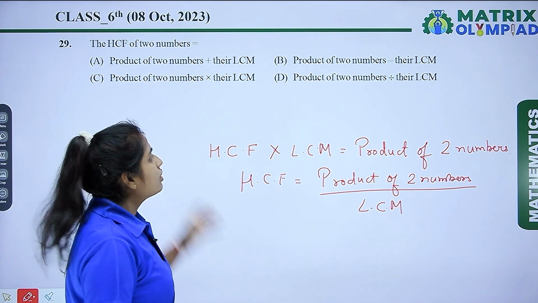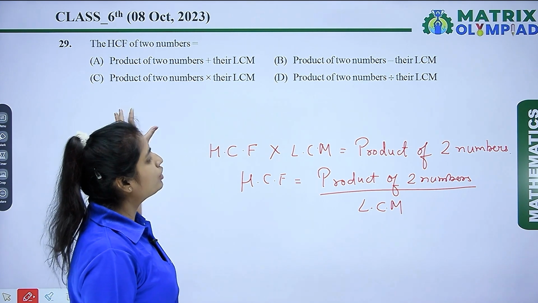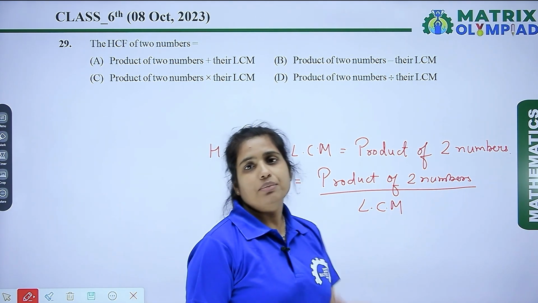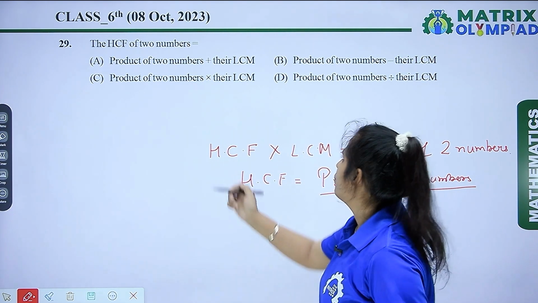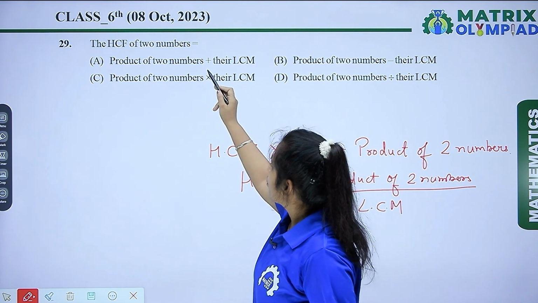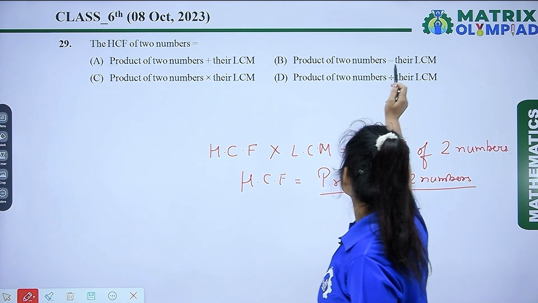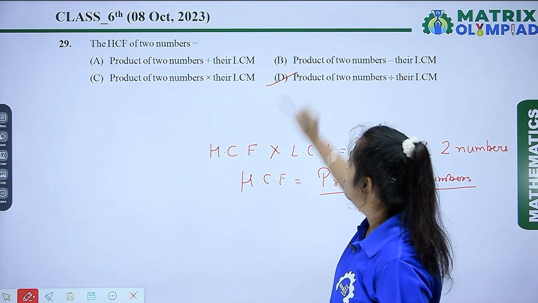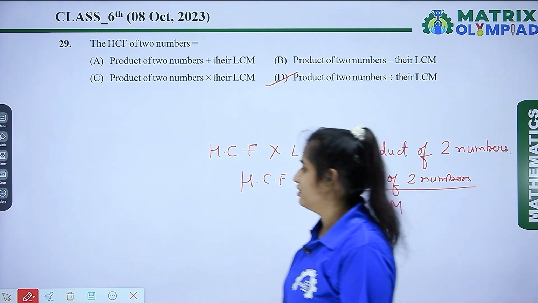So here we have to find out product of two numbers divided by LCM is in which option. So here the first option says addition, the second is subtraction, third is multiplication and last one is division. So here option D is the correct answer.